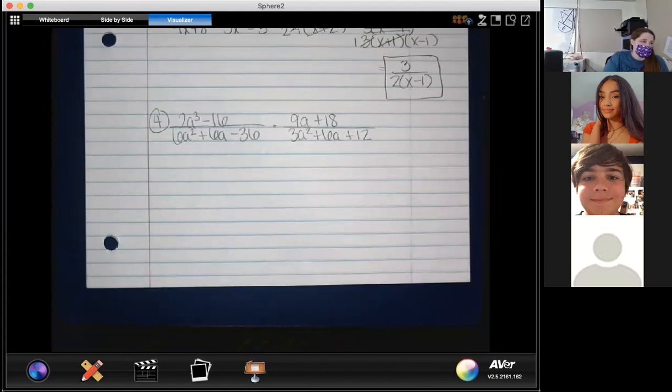We're talking about GCF, grouping, easy trinomials, difficult trinomials where a is greater than 1, difference of squares, difference of cubes, sum of cubes, all things that are very relevant. We cannot forget our factoring skills.